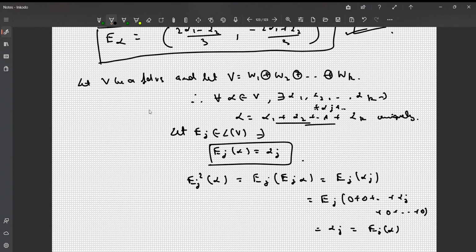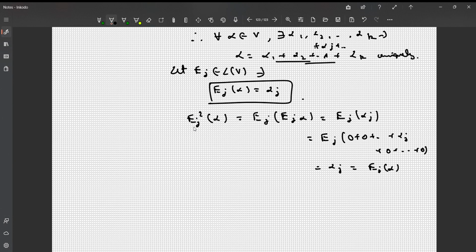Therefore, each Ej is a projection operator. Clear?